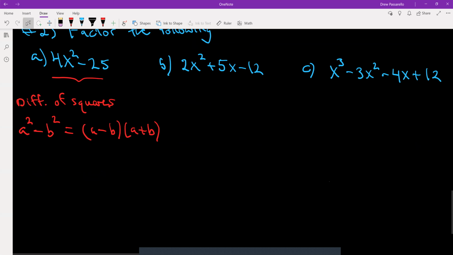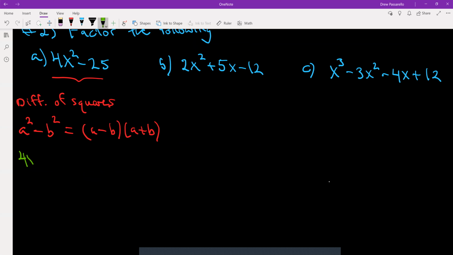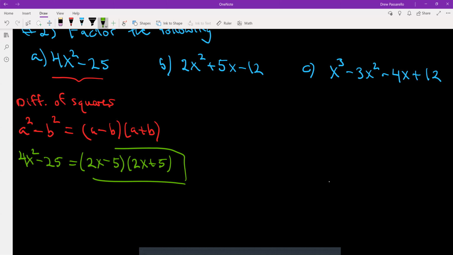So for 4x squared minus 25, this will turn into 2x minus 5 times 2x plus 5. So you'd have to know the difference of squares formula.